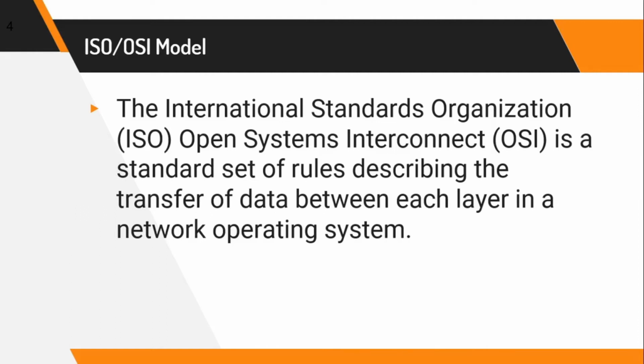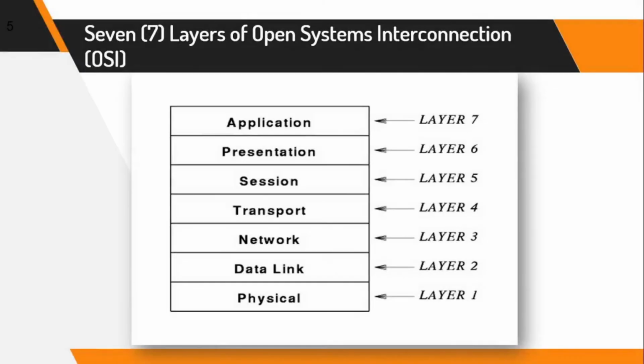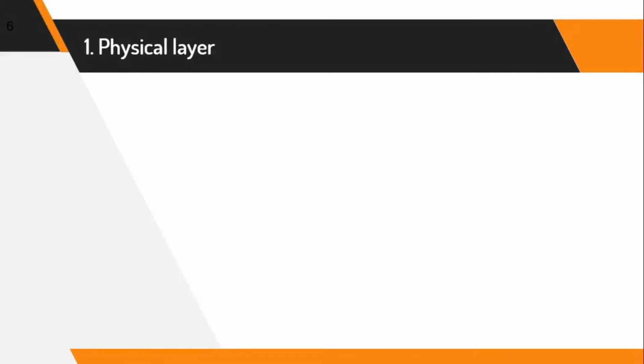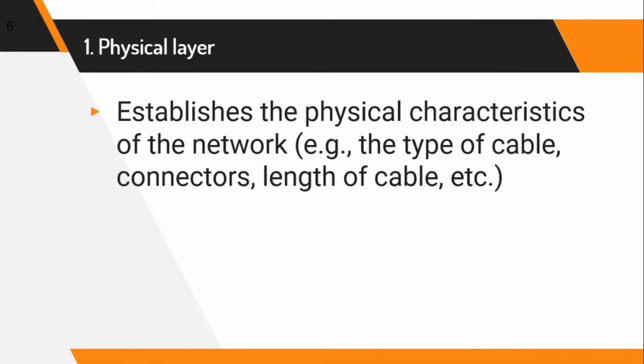There are 7 layers in the OSI model. We have the physical layer, the data link layer, network layer, transport layer, session layer, presentation layer, and application layer. Physical layer establishes the physical characteristics of the network, in terms of the type of cable connectors and the length of cable.